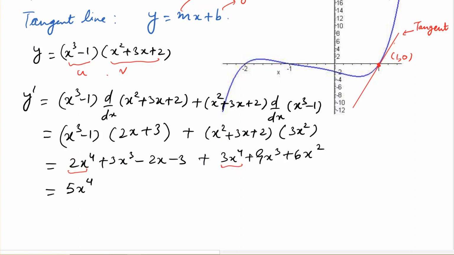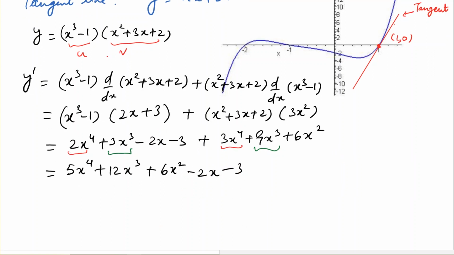For the cubed terms, 3x cubed plus 9x cubed gives 12x cubed. For the squared term we have only 6x squared, then minus 2x and minus 3. So this is our derivative.